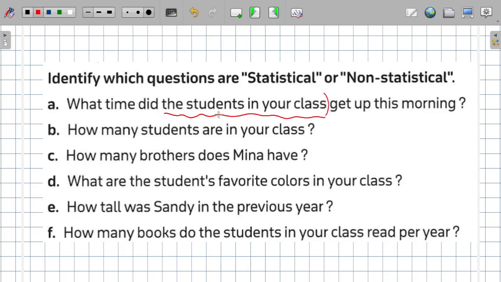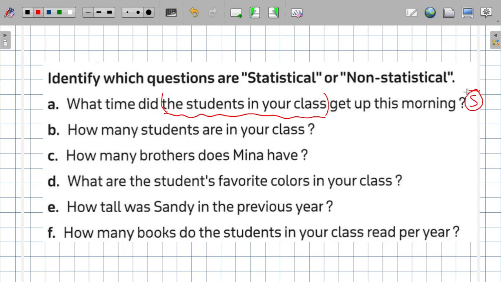So I think this is a statistical question. The second one, how many students are in your class? I think I asked one student because I will get one answer.